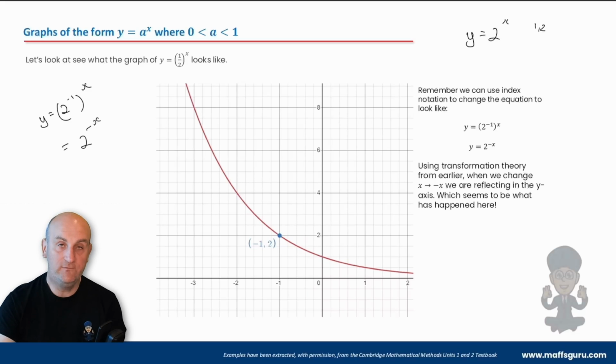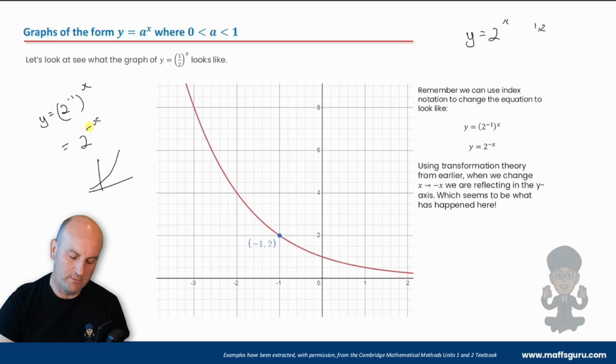And again, if you're really good at your transformations by now, then that minus sign simply means that it's the graph of 2 to the power of x, but reflected in, that's right, the y-axis, all right? Because that x has become minus x, it's a bit counterintuitive. Knowing that information tells me that if I was going to sketch this graph, firstly, I'd probably want to write it in that form. Then I'd do a quick pencil sketch in my margin, saying that's my important points there.